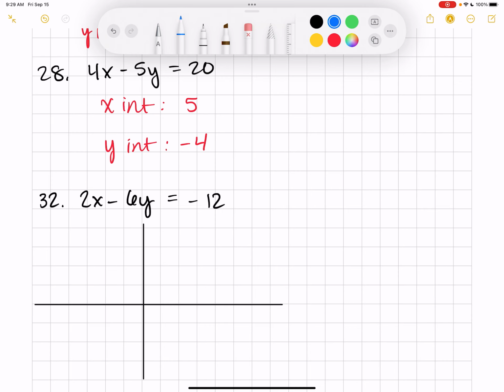So what is my x-intercept? Negative 6. One, 2, 3, 4, 5, 6. Oh, it's way over here. All right, and then my y-intercept? 2. And so then you can just connect the dots that way.